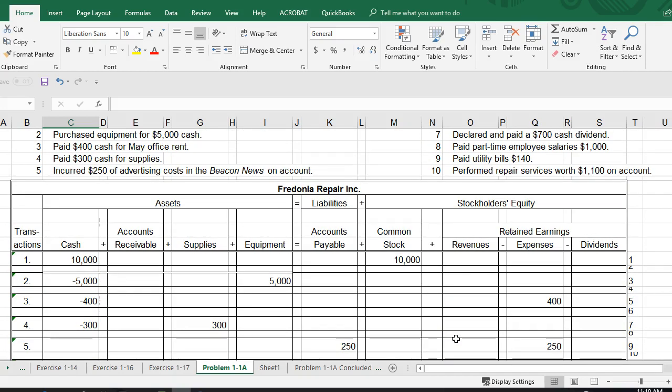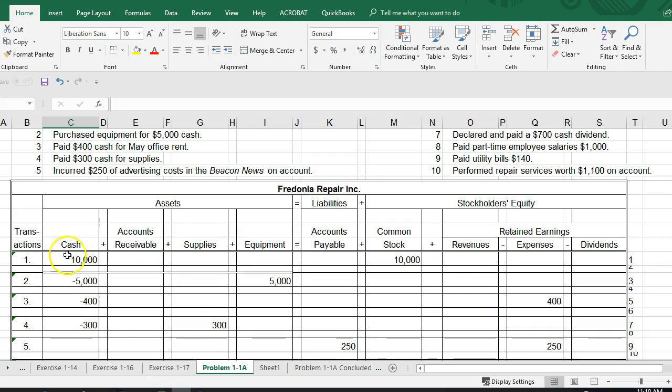For our last transaction, perform repair services worth $1,100 on account. So once again, in accounting, it is critical to understand the terminology that's being used. When it says perform services on account, it means that we've done the work already, but we have not been compensated. They owe us money.